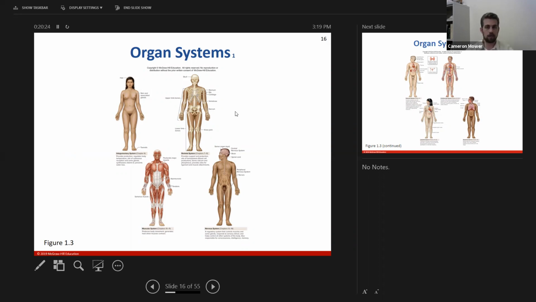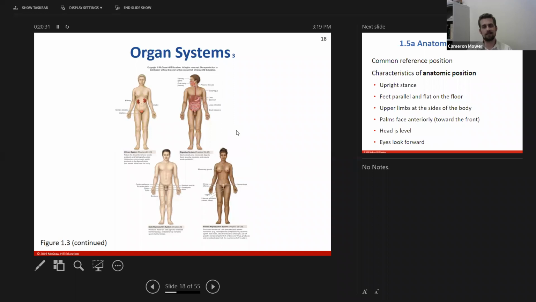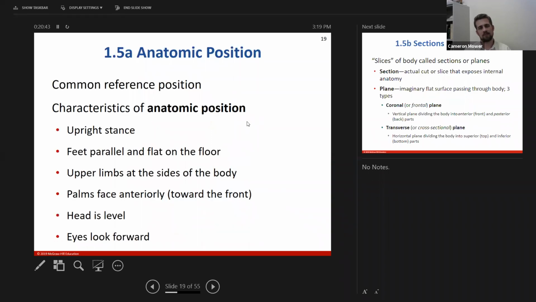Let's just move on. I do this in my face-to-face classes all the time. I throw up a slide and think, oh, this is a good picture for me to show. And then I get there, and I'm like, no, I don't need to. You can look at this on your own time.